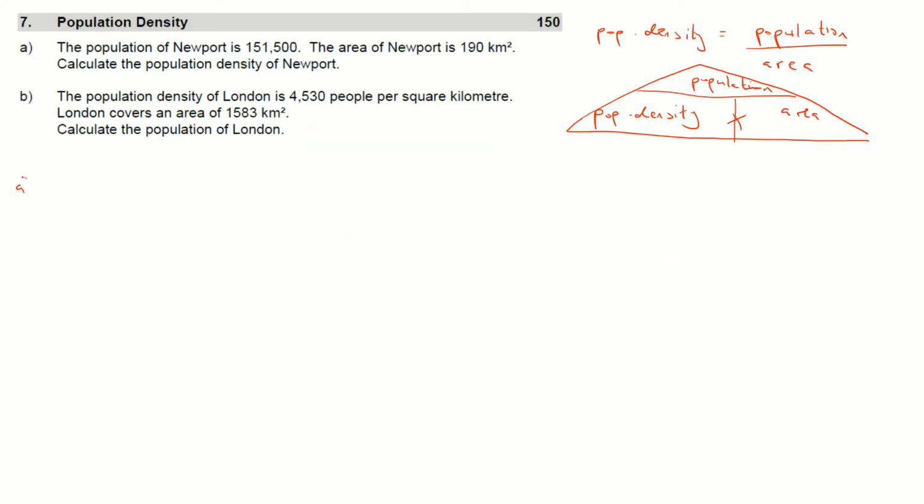So question 8, the population of Newport is 151,000. And the area is 190 kilometers squared. I forgot actually, what are the units of population? Well, the units of population is people. Find the population density.